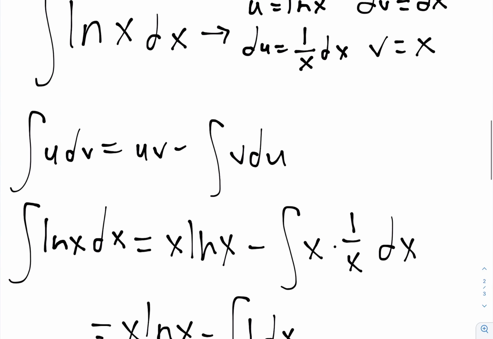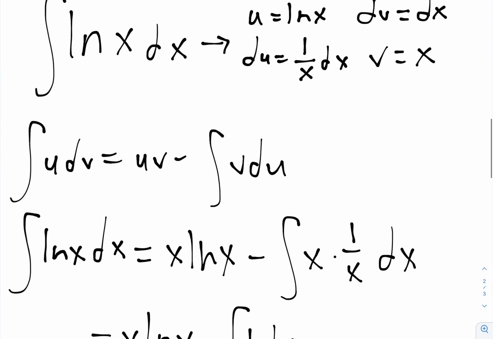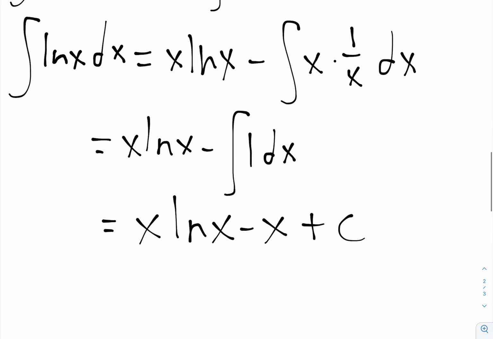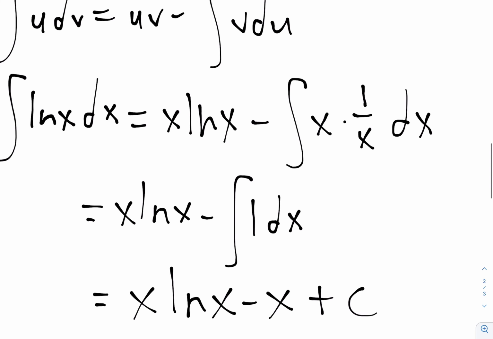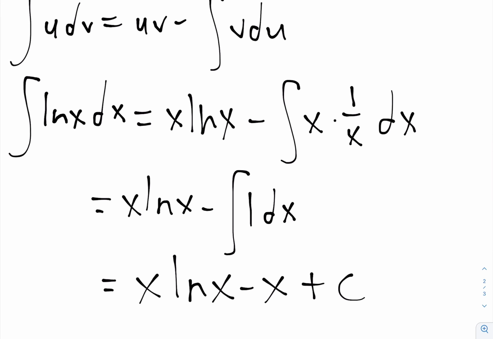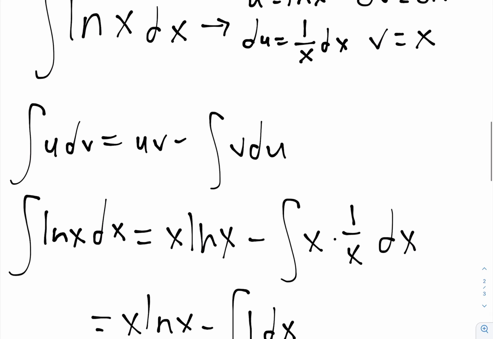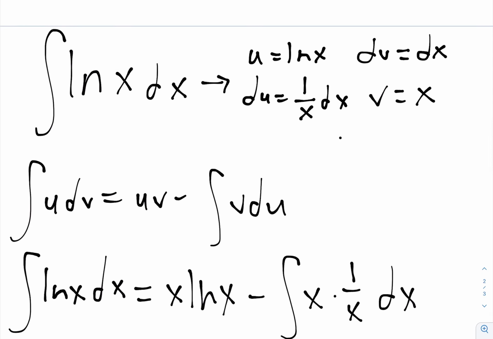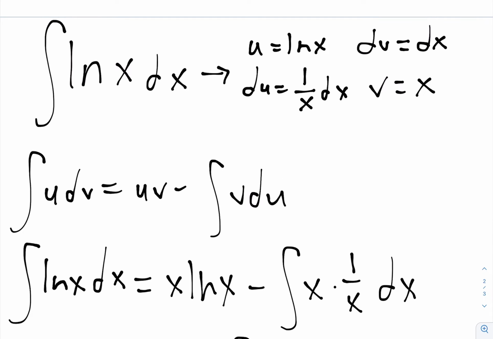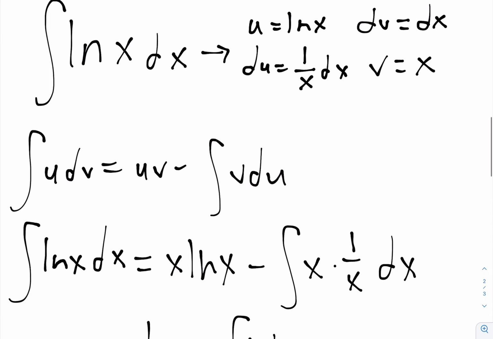Okay, so the integral of the natural log of x dx is equal to x times the natural log of x minus x plus our constant there. Okay, so a little more difficult than just differentiating it and knowing it's 1 over x, but we can use integration by parts in many different situations and circumstances, right? We didn't even have two numbers multiplying here.